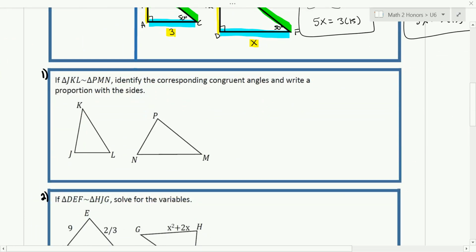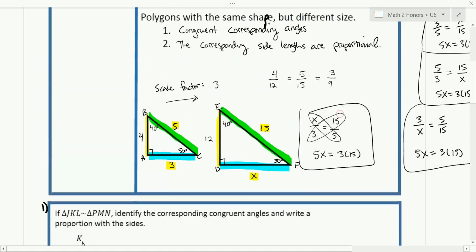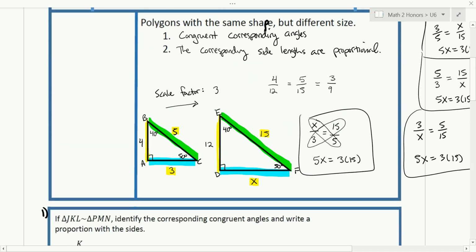Oh, sorry, one more thing to say here before we leave it. The notation. When you say similar, it's written this way. So triangle ABC is similar, which is kind of like the congruent symbol, but without the equal sign, right?